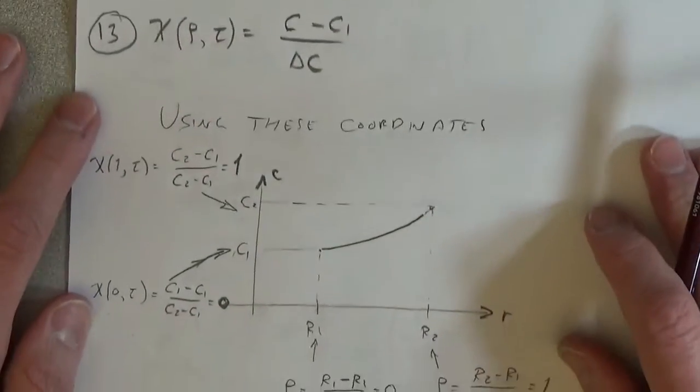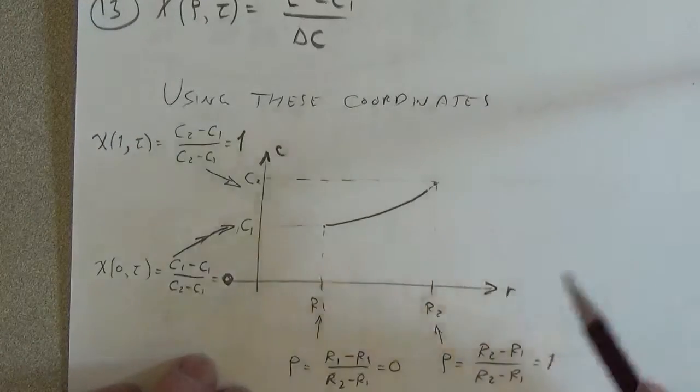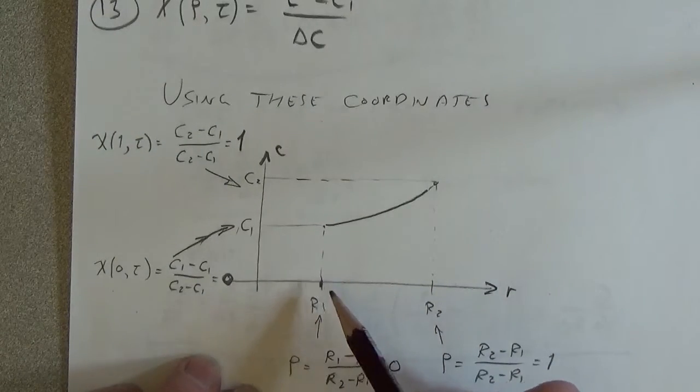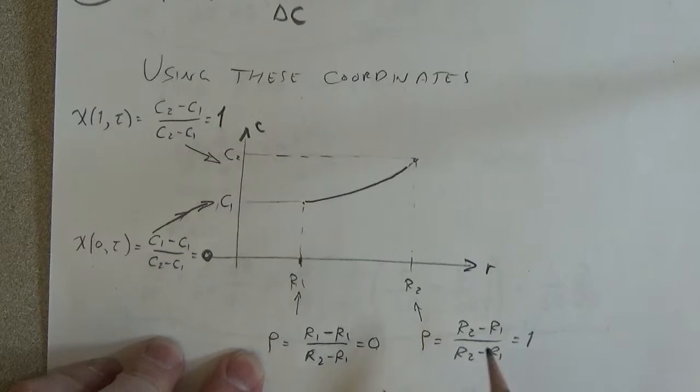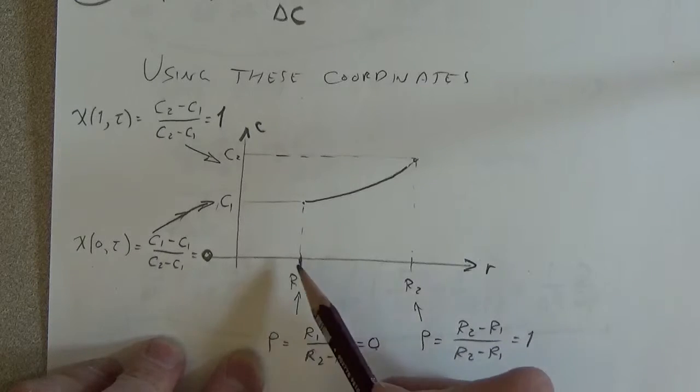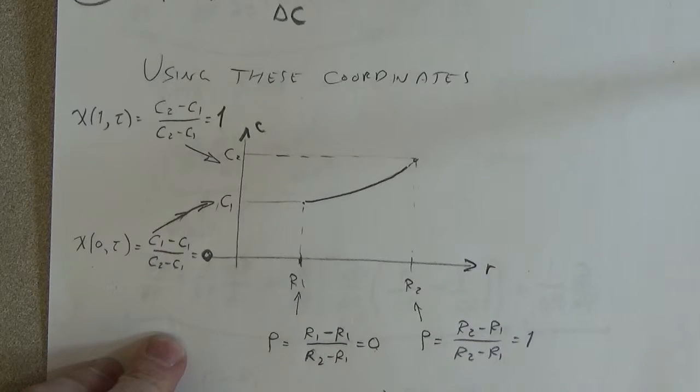And in this coordinate system, what that means is that here at R1, we have rho equal to R1 minus R1 over R2 minus R1, which is 0. And at R2, we have rho defined to be R2 minus R1 over R2 minus R1, which is 1. So now our rho is defined on 0 to 1.